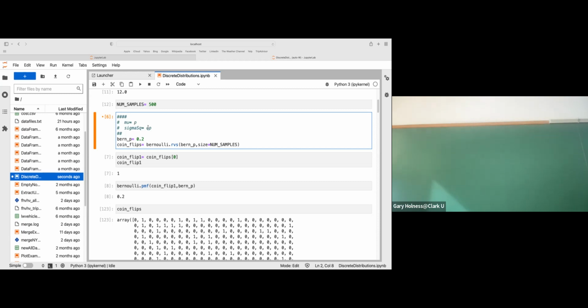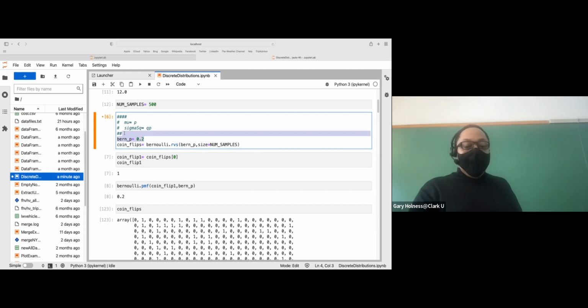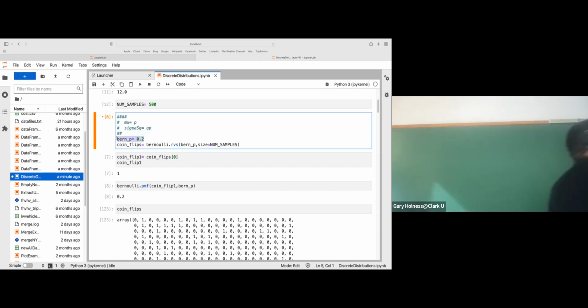But it could be chocolate ice cream, vanilla ice cream, could be male, female. Any problem where you're trafficking in a two-way outcome on independent trials, where one of the outcomes is associated with one probability and the other is associated with 1 minus that first probability, is well described by this Bernoulli distribution. And so here we set the Bernoulli p-value, and that's going to be our population parameter.